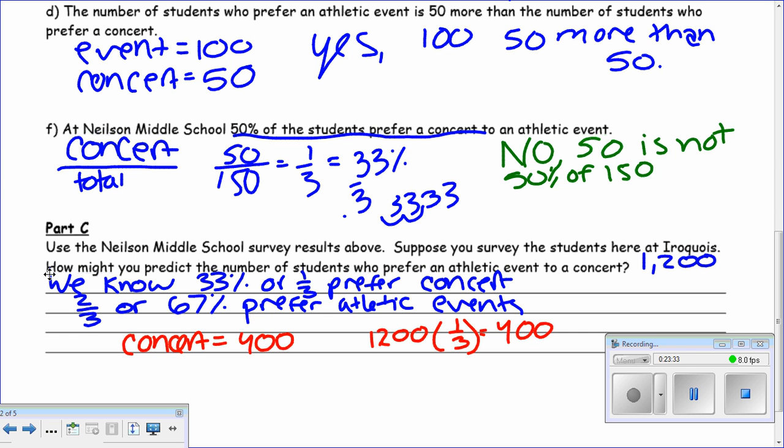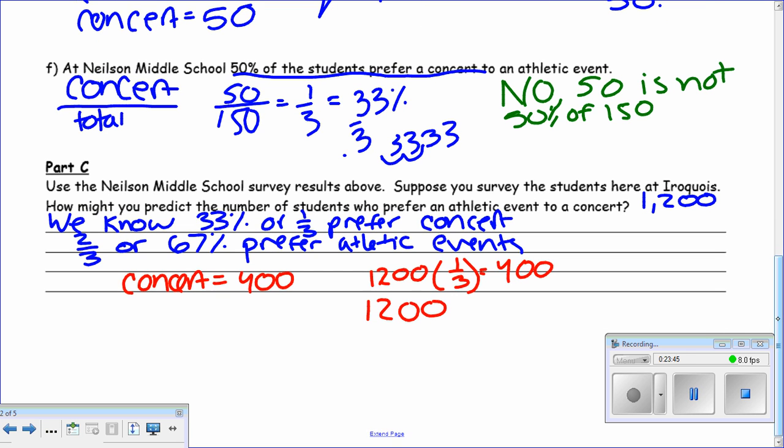And then from there, did you subtract? So we have 1,200 students total, and for him to find the athletic event, he did 1,200 minus 400, which is the total that wanted concert, which gave him 800. So athletic event. Thank you.